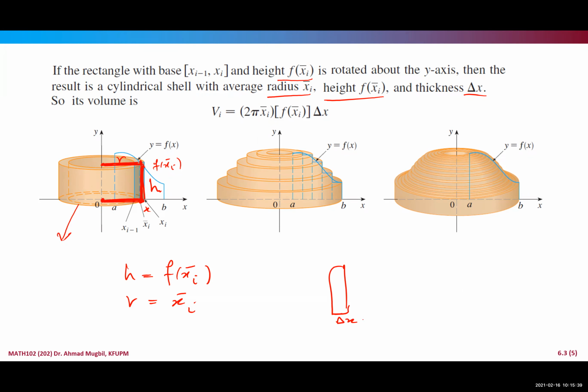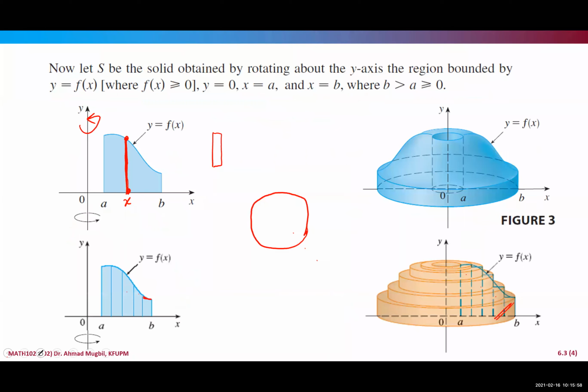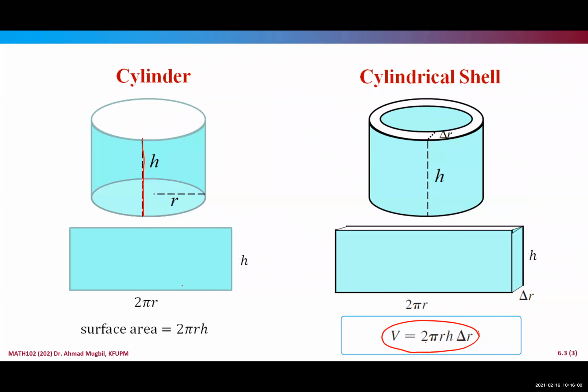Okay, so this is for one shell. If you have n shells, here we have 5 shells, and you let n go to infinity, you will have exactly the volume of your solid. Now, do you remember what I told you to recall here? What is the volume of the cylindrical shell, ya shabab? It is 2π r h delta r.